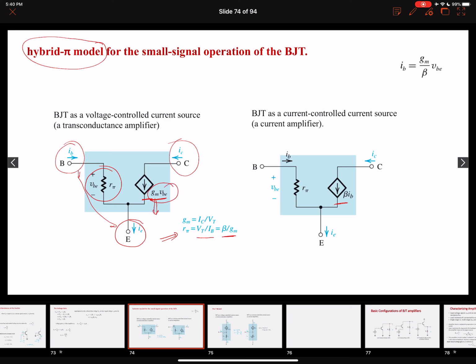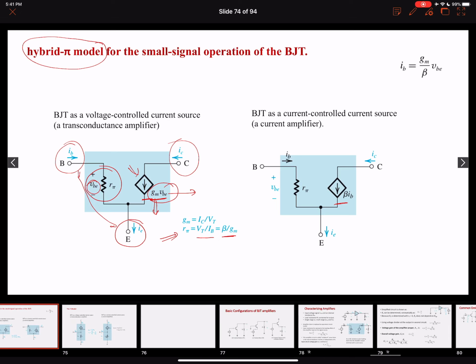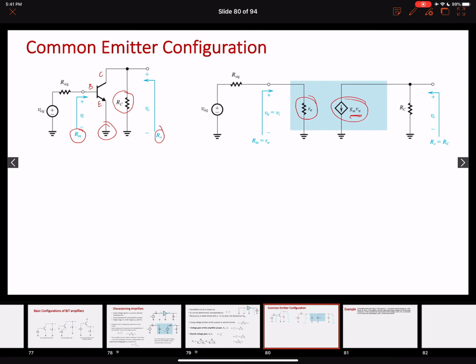Gm is this, and this is the voltage that is controlling this current, VBE, which we are calling in this circuit V pi. So that is why the current value of this current source is Gm V pi.